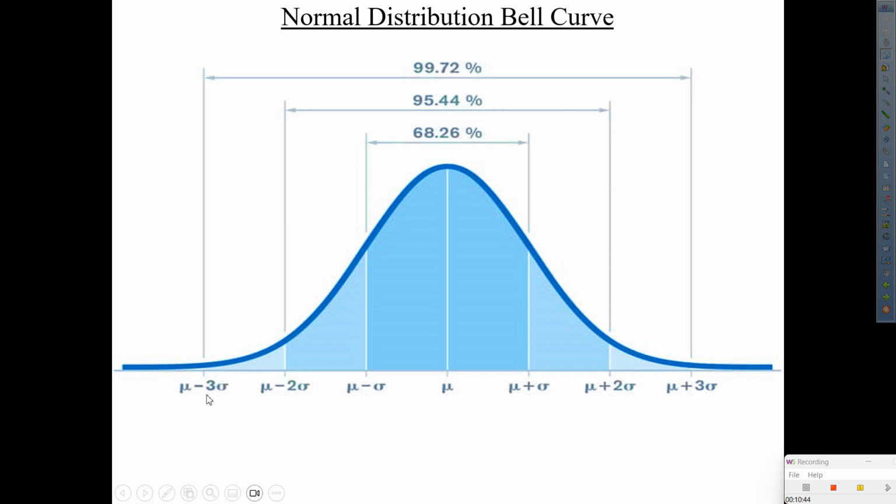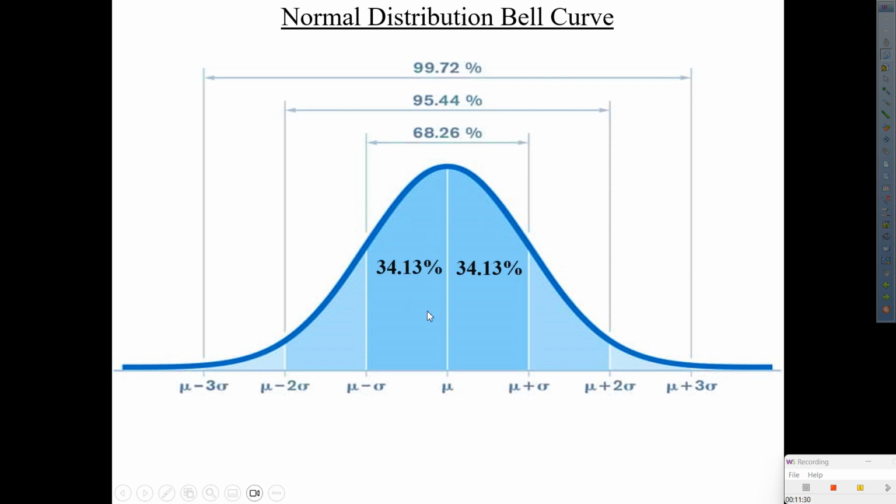And between -3 standard deviation and +3 standard deviation, that's 99.72. Add that to your curve, please. And then to break down, those percentages are pertaining to underneath the curve.